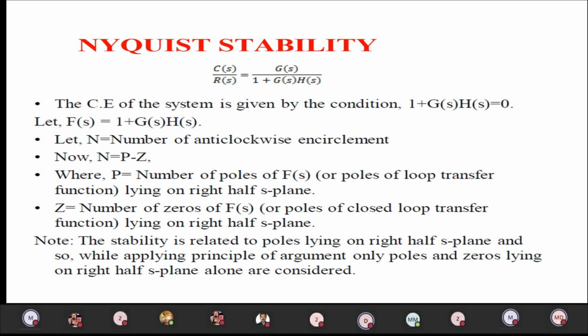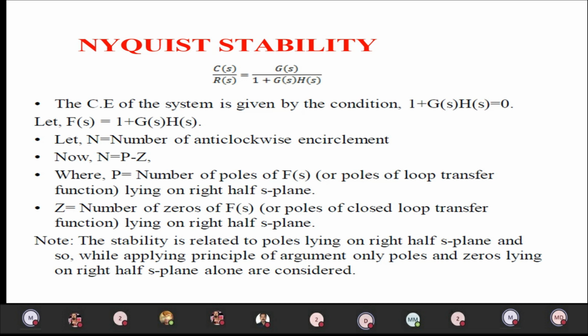He is also taking the closed loop transfer function only. The closed loop transfer function always consists of G of s divided by 1 plus G of s H of s. The characteristic equation is the denominator of the closed loop transfer function, so 1 plus G of s H of s equals 0. Therefore F of s becomes 1 plus G of s H of s. Here you can see G of s H of s equals minus 1.